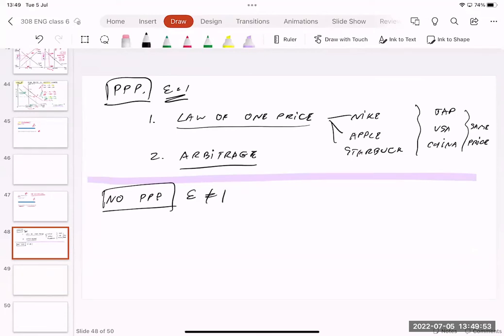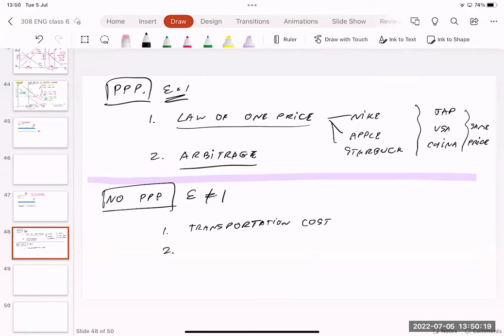For example, the first reason is the transportation of products between countries. The product in one country may be more expensive than in another country because of transportation cost. If your country is far away from the production line, you should pay a more expensive price because of transportation cost.